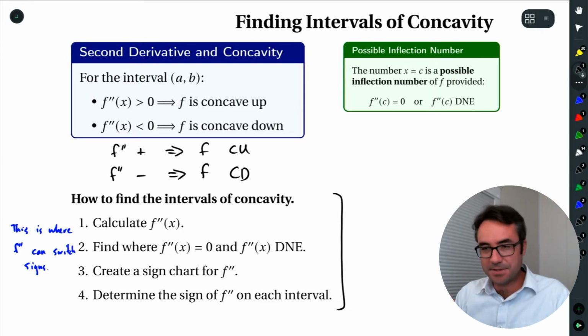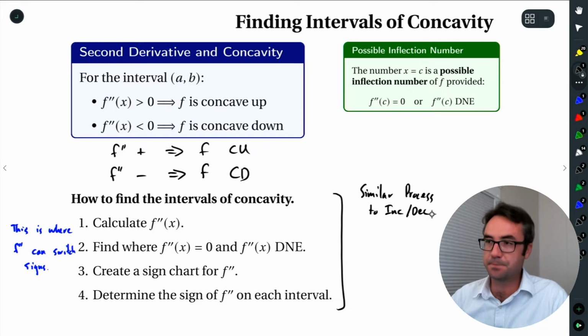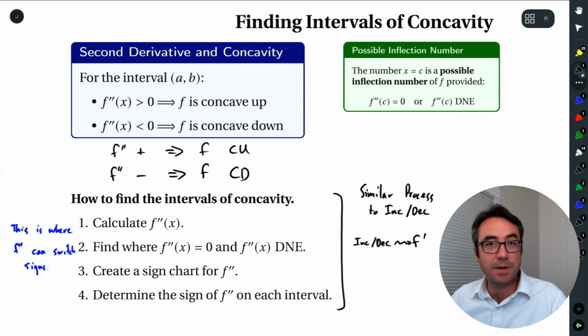That's really the only distinction: it's a very similar process, and the only difference is which derivative we're using. For increase-decrease, we're using f prime, and for concave up, concave down, we're using f double prime.